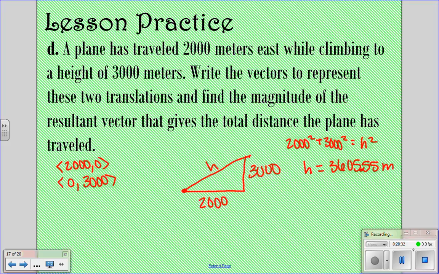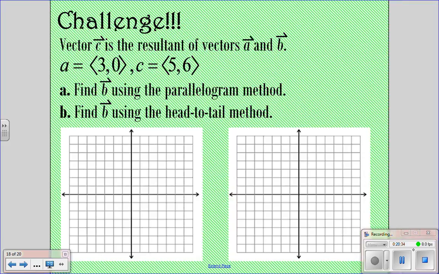Okay, looking at the challenge question. Y'all try this one, and then after y'all have tried it, you can unpause the video and I'll go over the correct answer for you. So it told us that C is the result of A and B. So when we use the parallelogram method, that means that C is our diagonal.